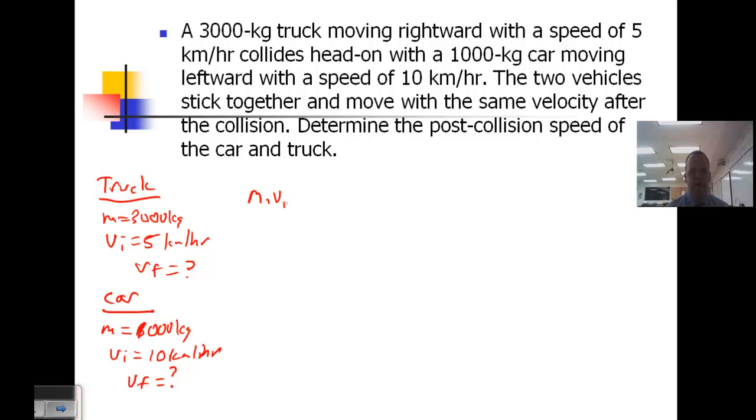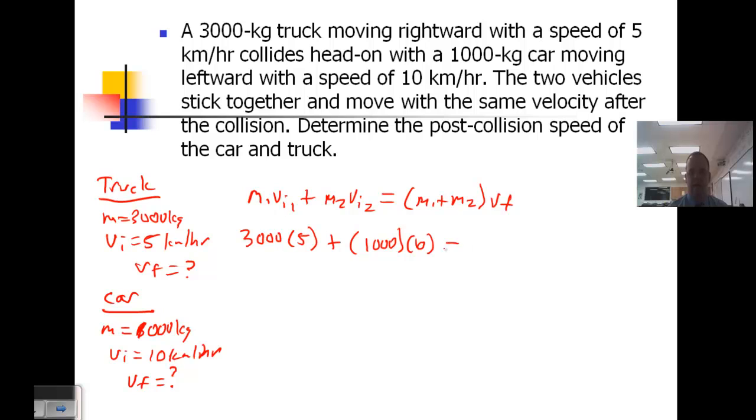So m1 v1 initial plus m2 v2 initial equals m1 plus m2 times v final. 3,000 times 5 plus 1,000 times 10 equals 3,000 plus 1,000 times v final.